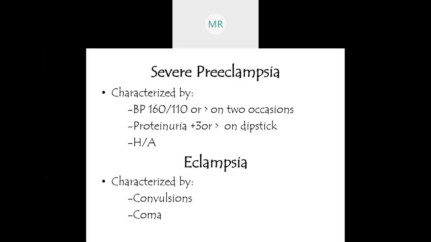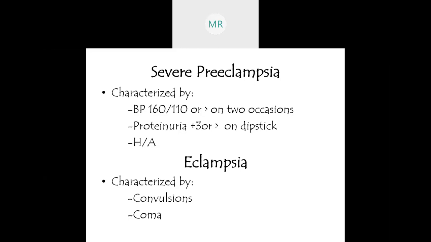Now, your severe preeclampsia is the one your book calls with severe features. This is characterized by the blood pressure. If it's 160/110 or more on 2 occasions, again laying down, 6 hours apart, this is where we have to draw the line and say this is severe preeclampsia. This has severe features involved.